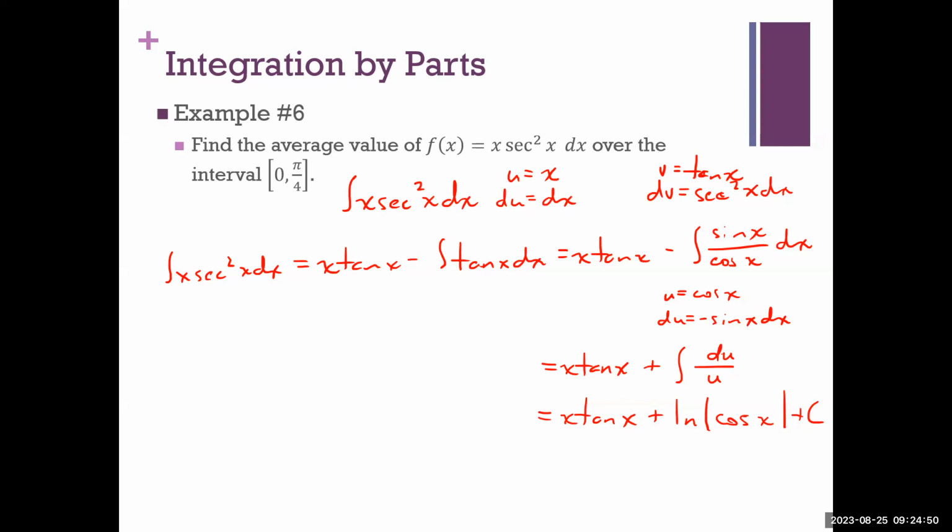But the way I originally wrote it was this. We were subtracting this, so I had a negative du there. But then from there, if we integrate it, we're going to get negative natural log of the absolute value of cosine x. Either way, you're going to cancel out the negative sign that's on the outside of the integral.